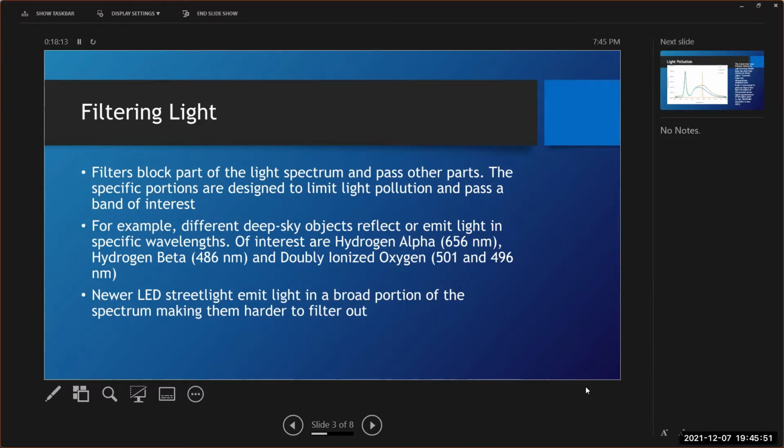So it turns out that different types of objects emit or reflect light differently. And this is a physics thing. So if we have to get detailed, I'll ask Steve to explain. But my favorite things to look at are hydrogen alpha emission nebulae. I really enjoy looking at those. And it turns out that filters are really good for that.